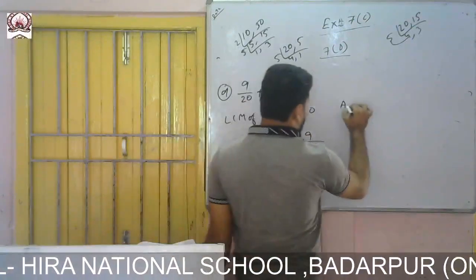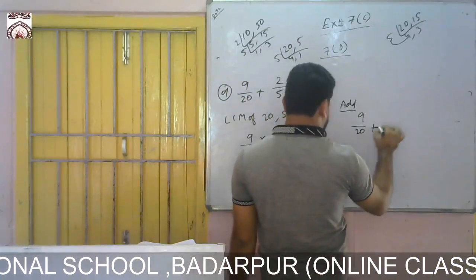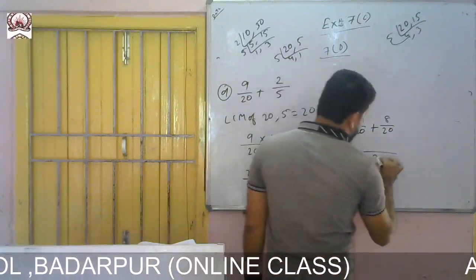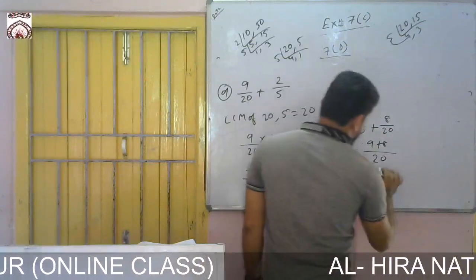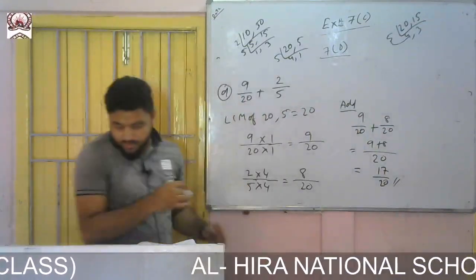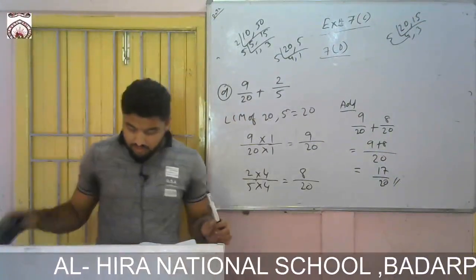Now add. 9 by 20 plus 8 by 20. Okay, so 20 is the same, so 9 plus 8, 17 by 20. That is the answer. 17 by 20.